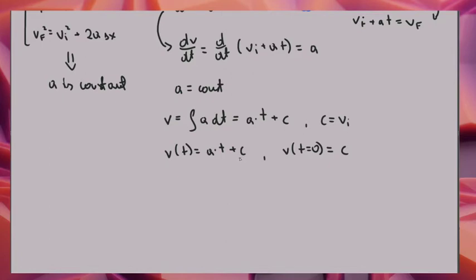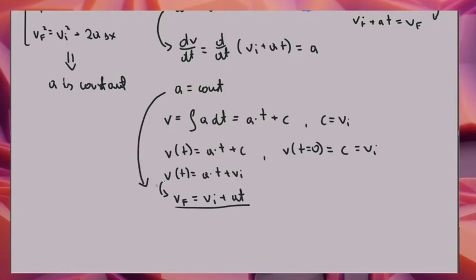And this, of course, is also just vi, since vi is the initial velocity, the velocity at time t equals t0. So v as a function of time equals a times t plus vi, but this is nothing else than the equation you have seen before, which is vi plus at. So by using integration, you can go from a to v.